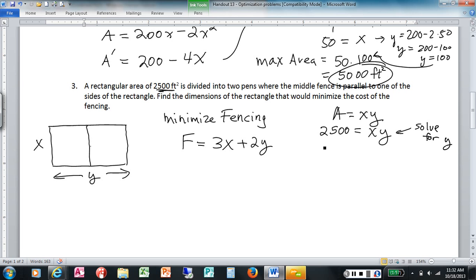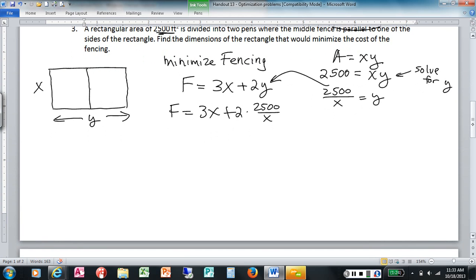You can go the other way if you want, but to solve this one for y, wouldn't I just divide by x? So 2,500 divided by x is y, and so I'm going to drop that right in here in place of the y. So I have the fencing is 3x plus 2 times 2,500 over x.